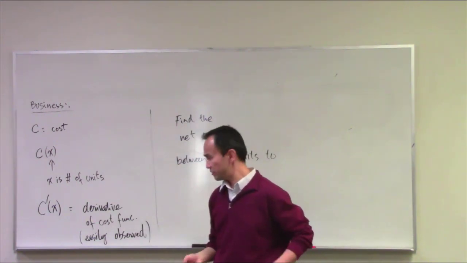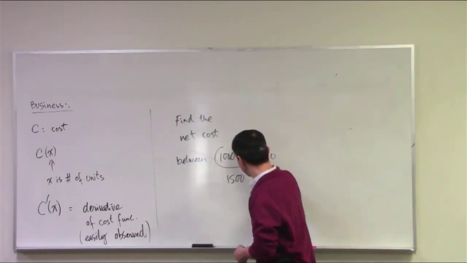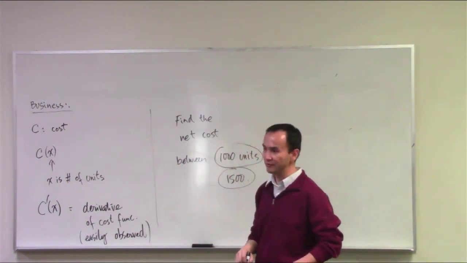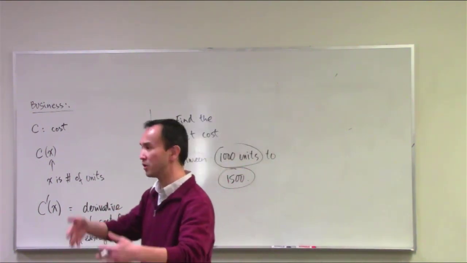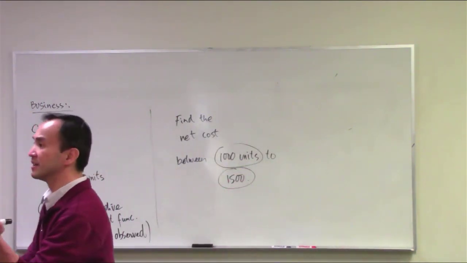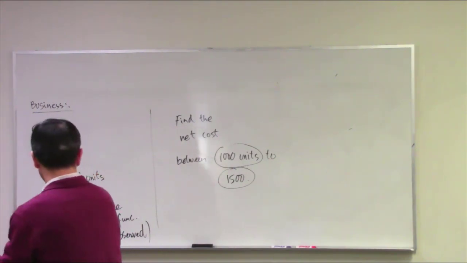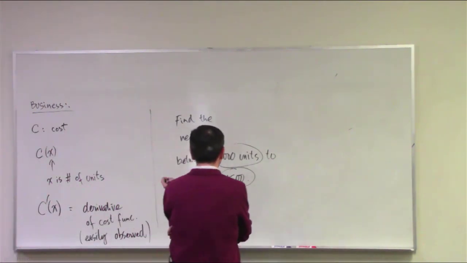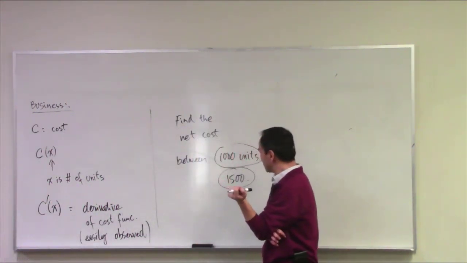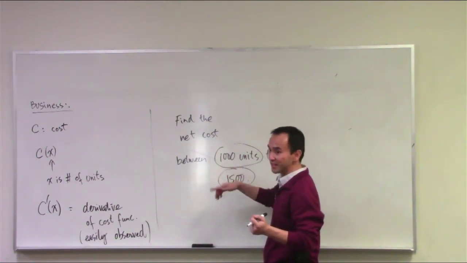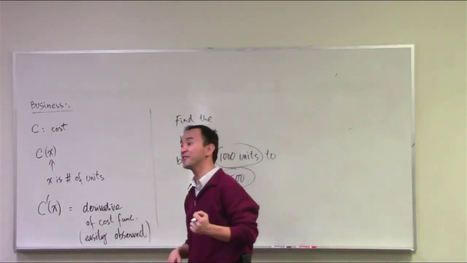A lot of times we change our production level from 1,000 units to 1,500 units. Your company has a change in plan like that: instead of manufacturing 1,000 units, let's change to 1,500 iPhones.